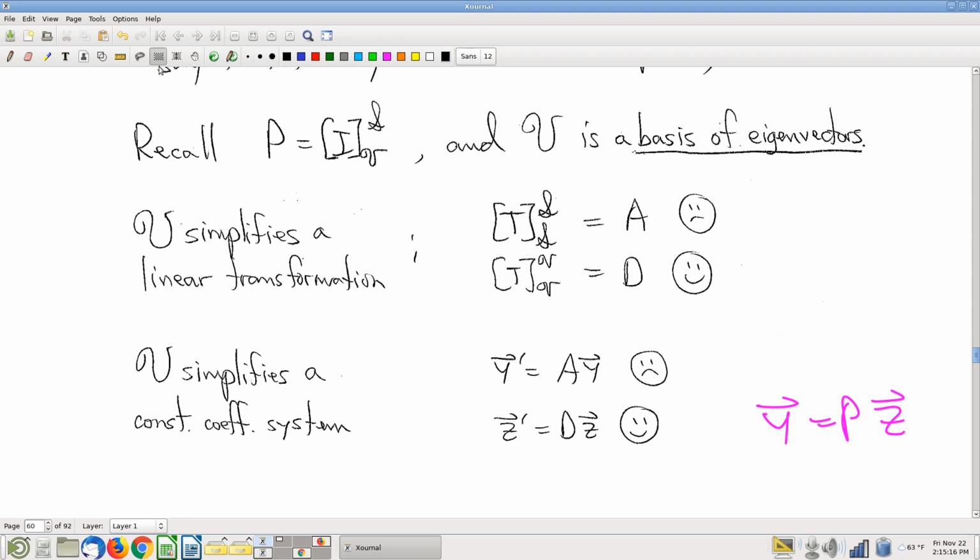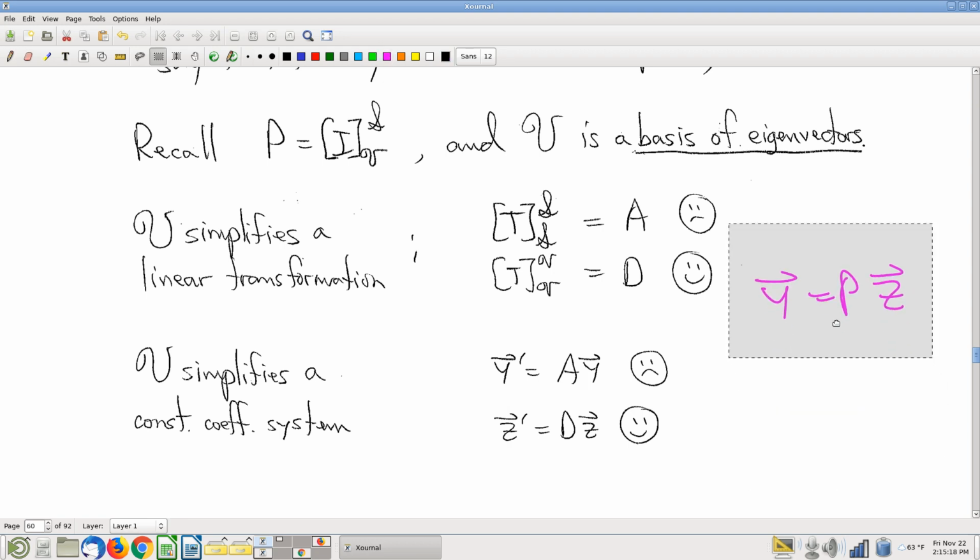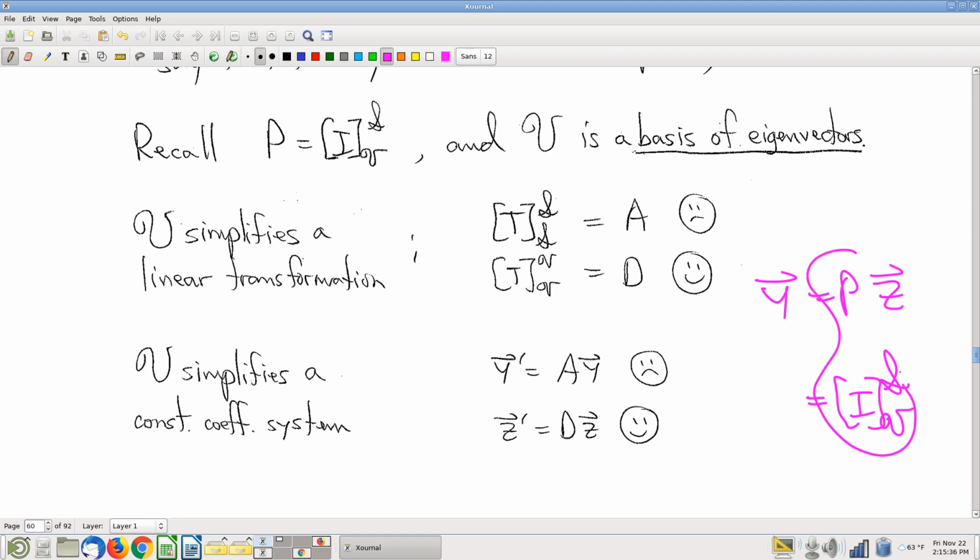I'm going to give myself a little bit more room. Let's put this up there. Another way to say this is, don't forget P is a change of basis matrix from V to S. Here, let me color code.